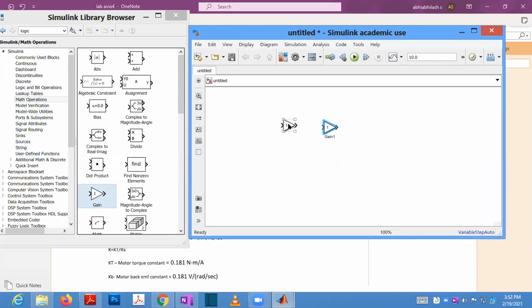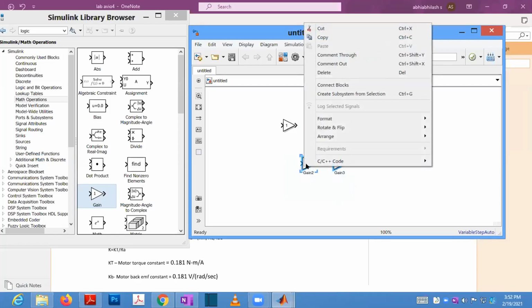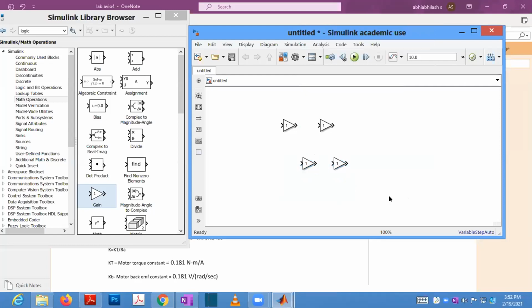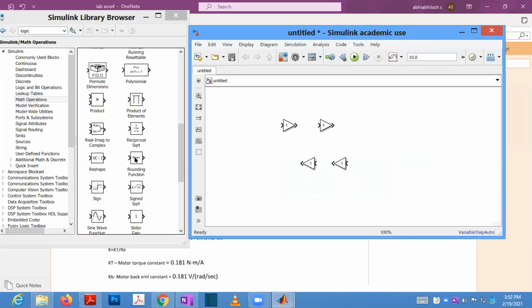You will get a copy of that one. Again right click and move. Right click and move. These two you have to flip. So you select both of them and right click, otherwise you have to press Control I for flipping these blocks. And now you need two summer blocks.